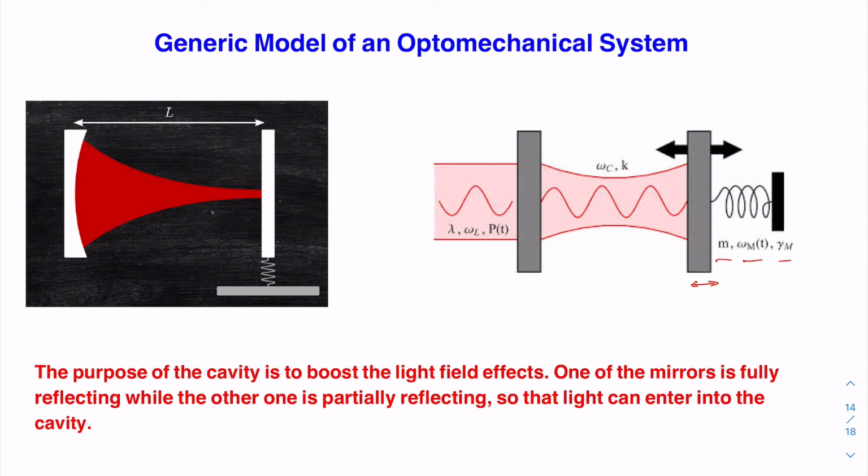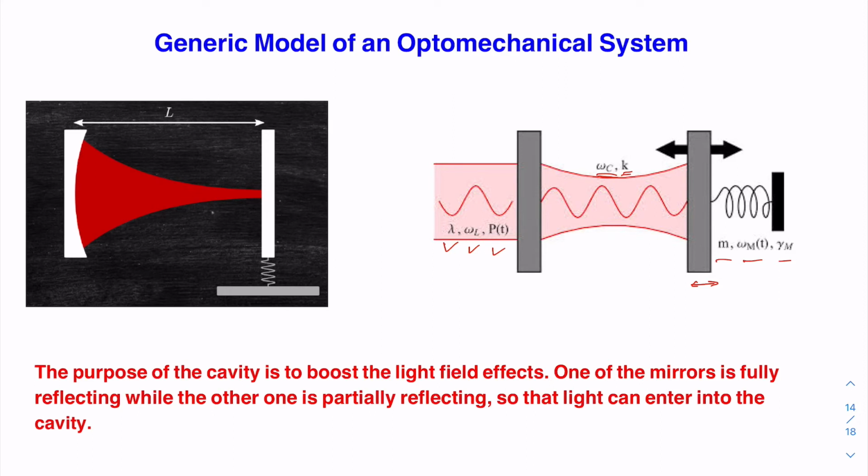The cavity is characterized by the cavity resonance frequency, say omega c, and a cavity decay rate kappa or k. On the other hand, the incident laser light is characterized by its wavelength lambda, its frequency omega L, and the power P.